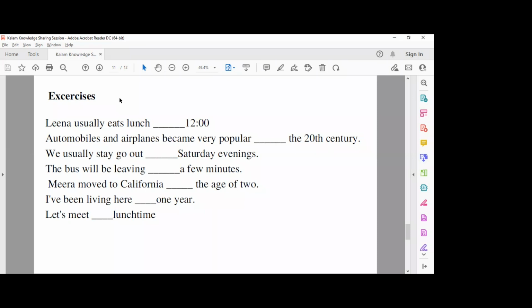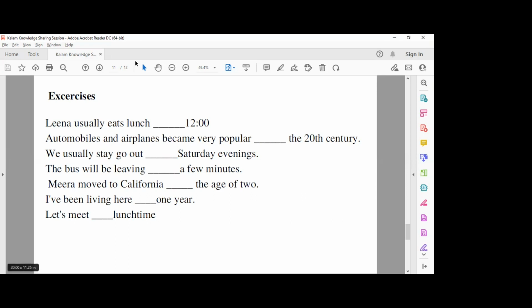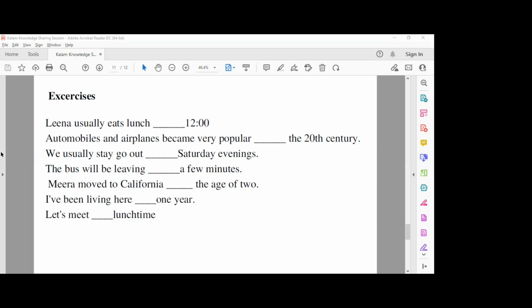The next one is: the bus will be leaving dash a few minutes. In. Yes, correct, in. And the next one is: Mira moved to California dash the age of 2. Here we are talking about the age, so we have to use in.